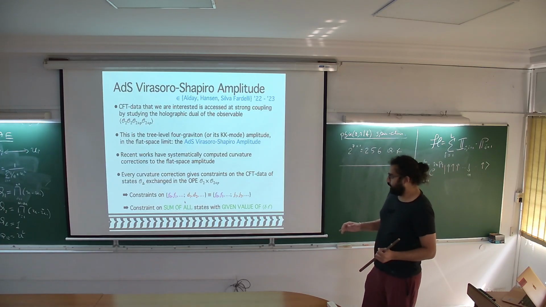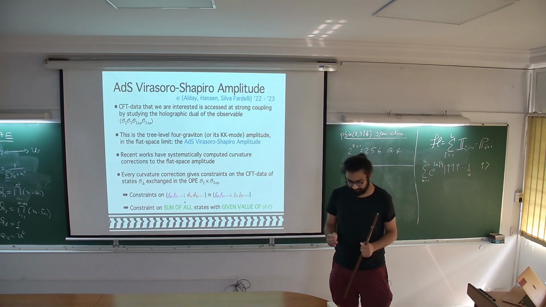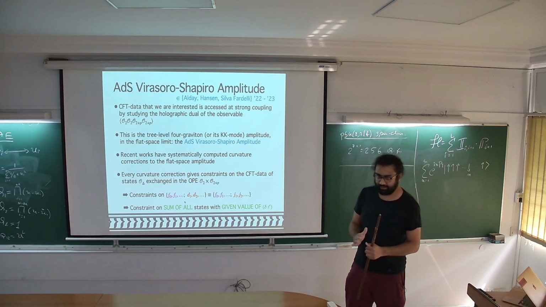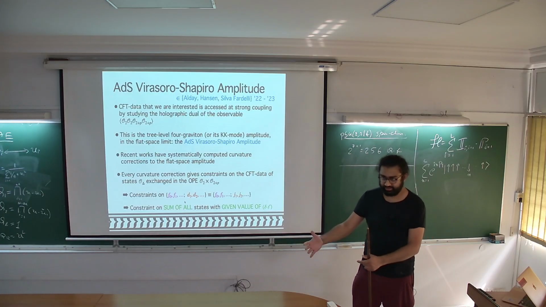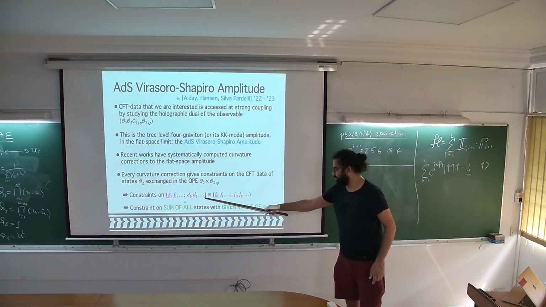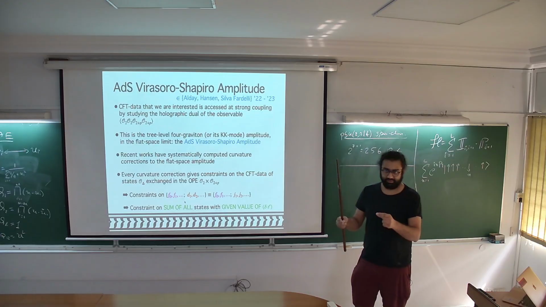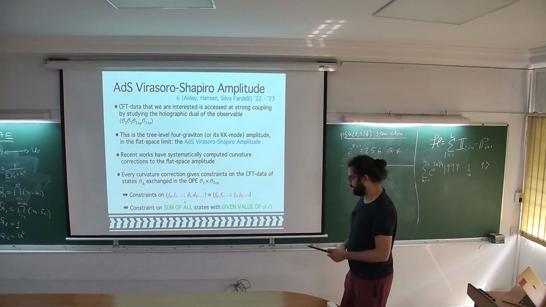Now the point is the following. Every time you find a new curvature correction to the flat space amplitude, you get some constraints on the CFT data exchanged in the dual 4-point function. So that's the source of our constraints.